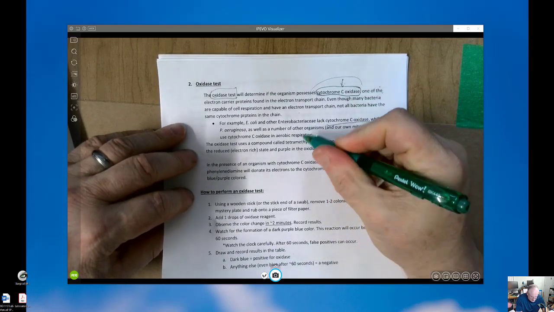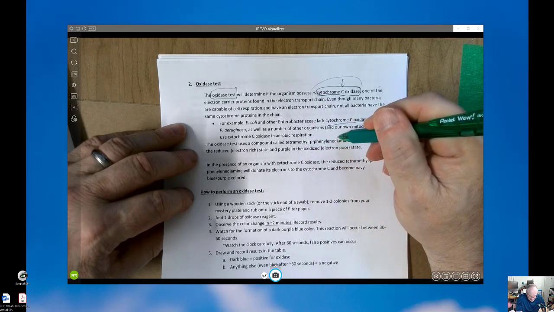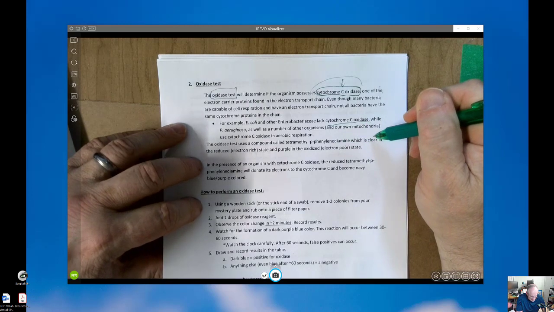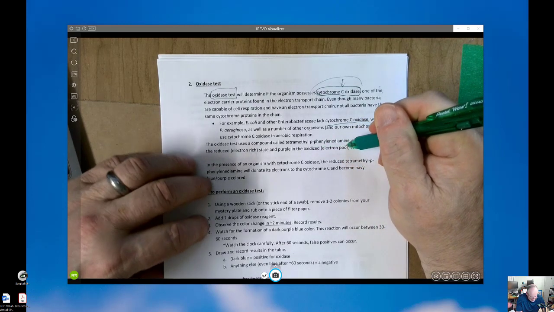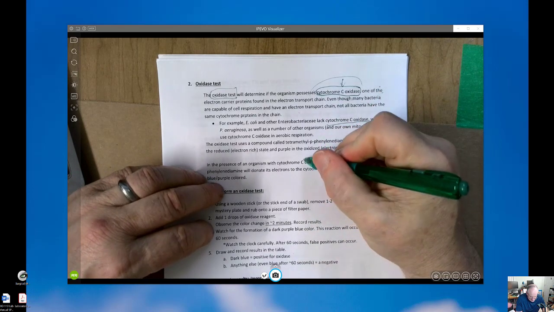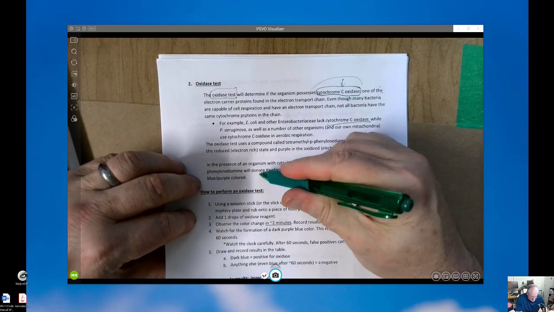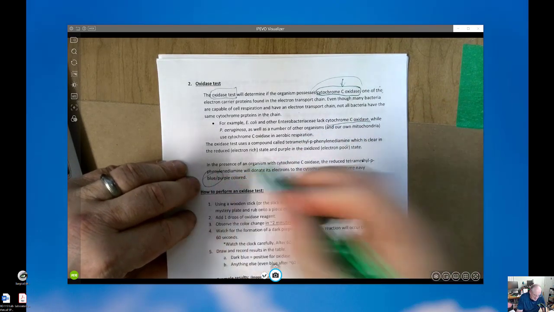So we use tetramethylphenylenediamine, which is a clear reduced electron-rich state, and purple when it's oxidized. In the presence of the organism with cytochrome C oxidase, it produces a particular blue color.